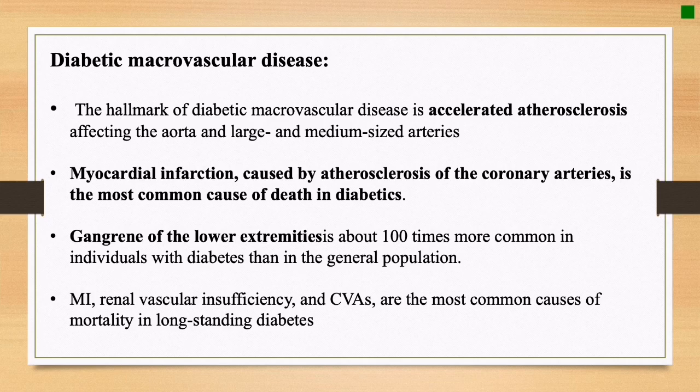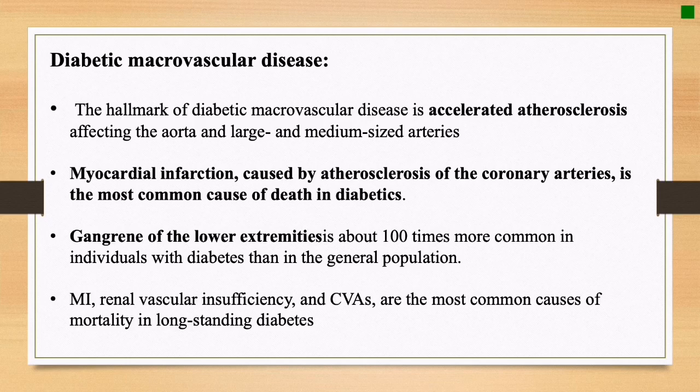The hallmark of diabetic macrovascular disease is accelerated atherosclerosis, affecting the aorta, large and medium-sized arteries. Myocardial infarction caused by atherosclerosis of the coronary arteries is the most common cause of death in diabetics. Gangrene of lower extremities is about 100 times more common in individuals with diabetes than in the general population.